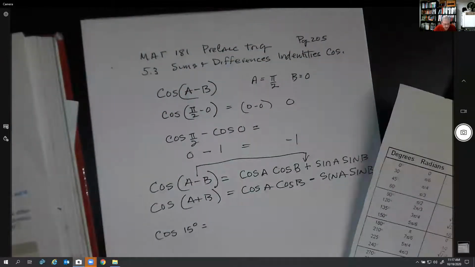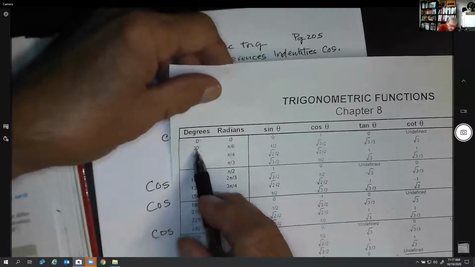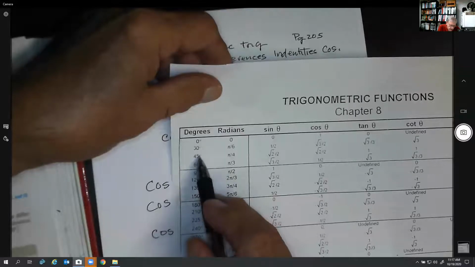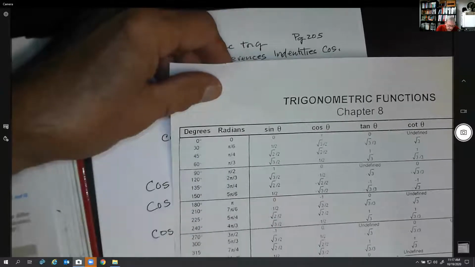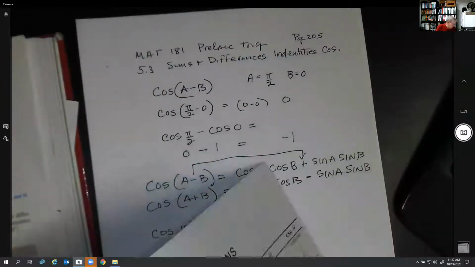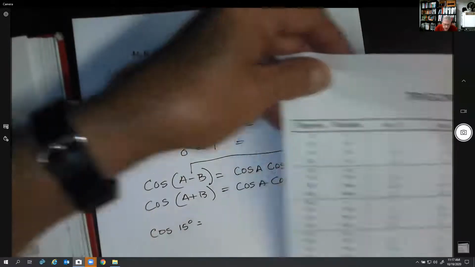We couldn't do it as an addition very well, but we could do 45 minus 30, that would give you 15. Or you could do 60 minus 45, that would give you 15. So it really doesn't matter which one. In the book, they used 45 minus 30, so we might as well do the same thing.